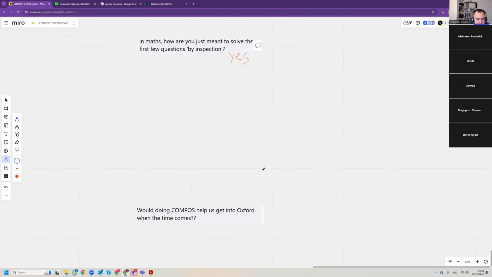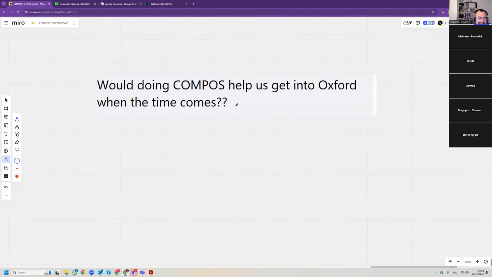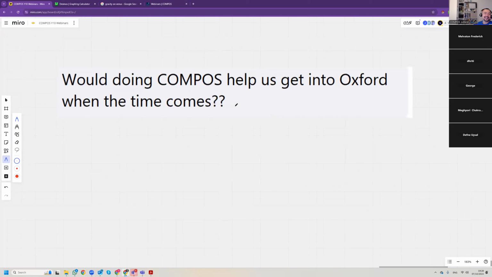One other question on my row. Oh yes, okay. Will COMPOS help us getting to Oxford when the time comes? COMPOS will teach you the physics that you need.